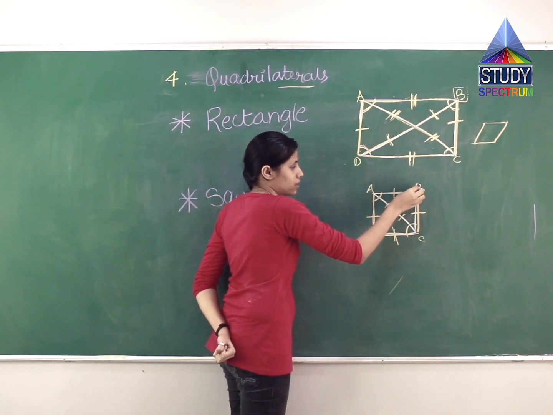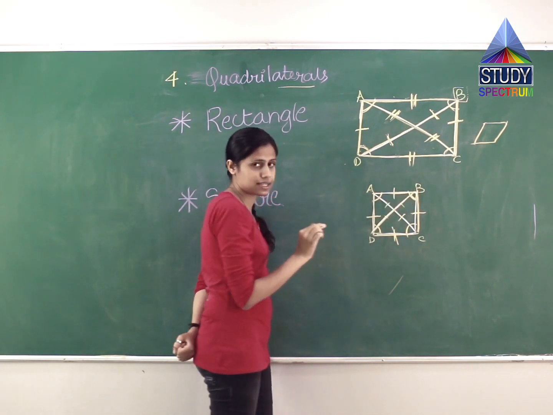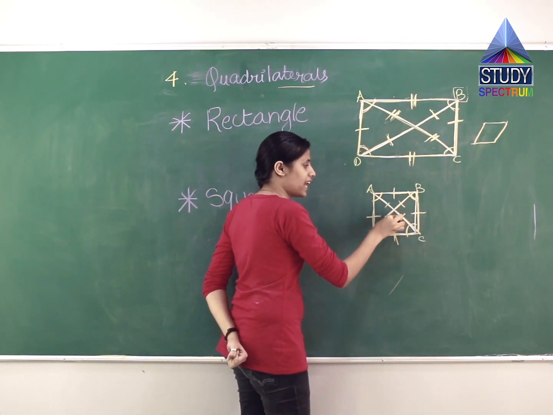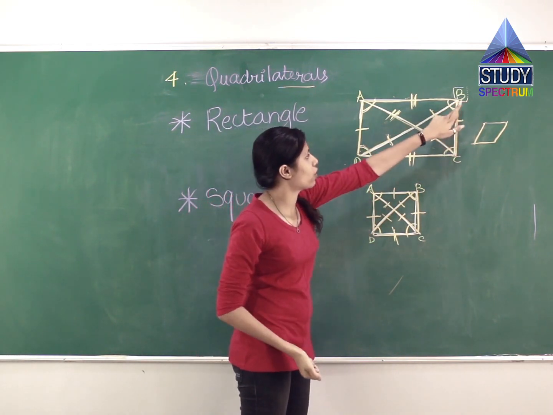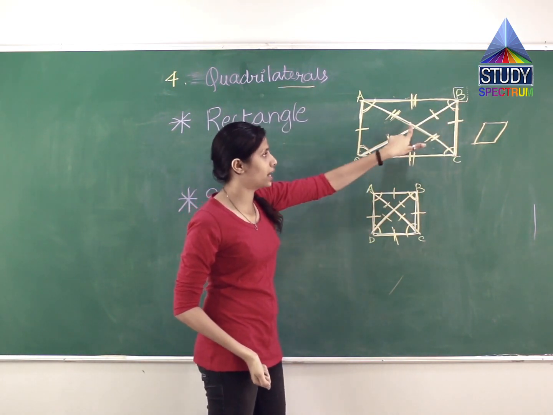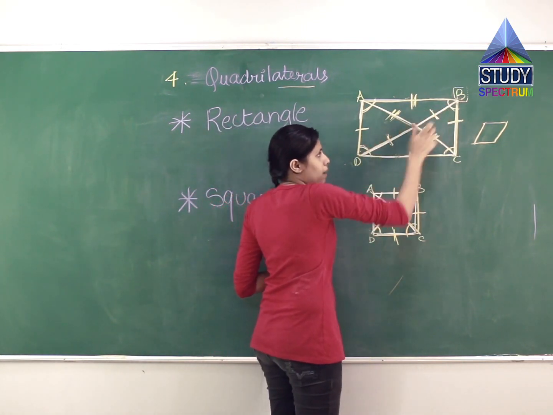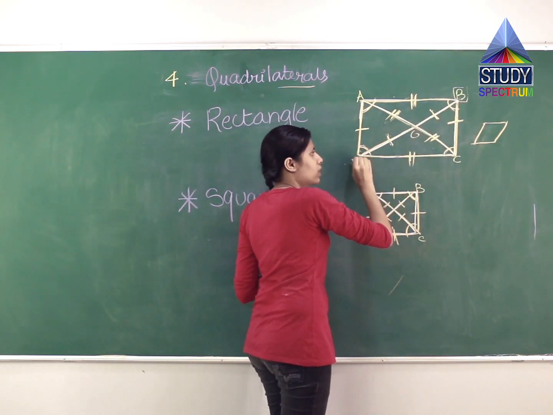Now the bisectors or the diagonals. The diagonal BD intersects diagonal AC and cuts the diagonals equally. Not like this. Over here what was happening was BD was cut into equal parts by AC. Means if this point is O, then BO is equal to DO.